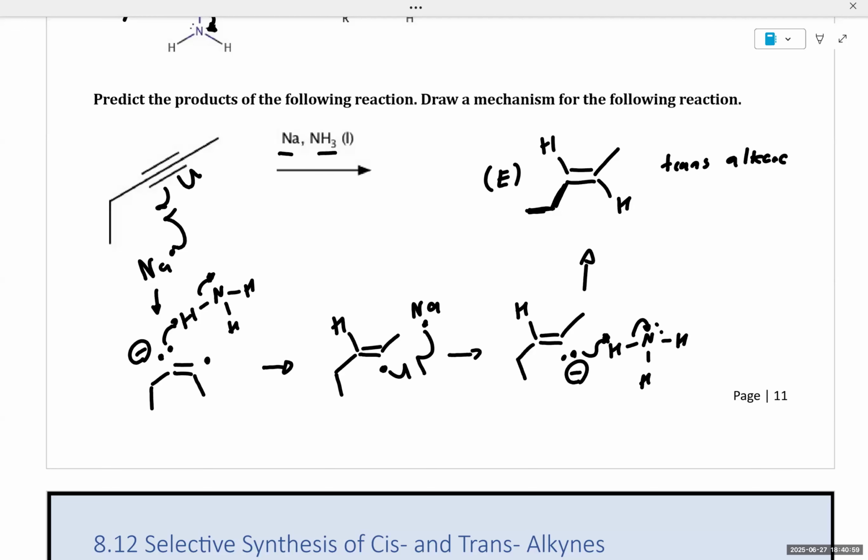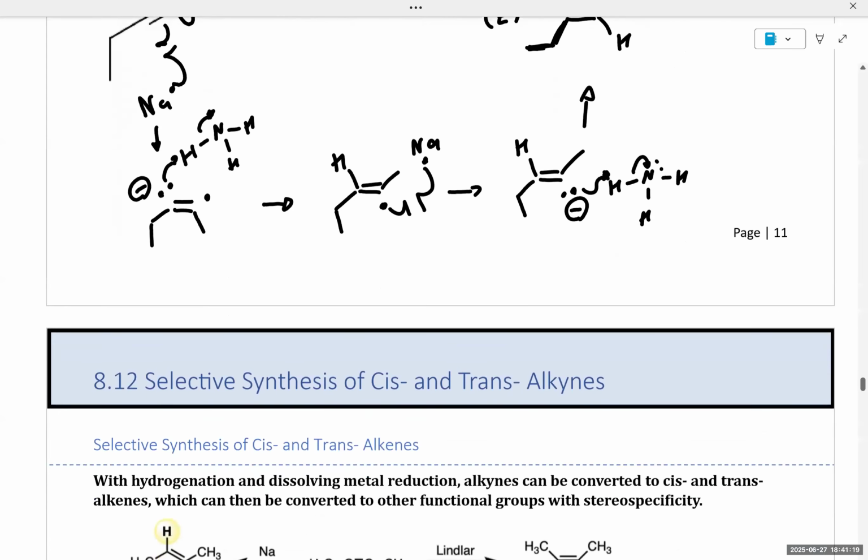So, if you were wondering back in chapter 7, how do I get an alkene with a defined stereochemistry? This is one of the best methods we've learned so far. Reduction of an alkyne can allow you to make an alkene with a defined stereochemistry, which can then be used in further reactions, as we'll see.